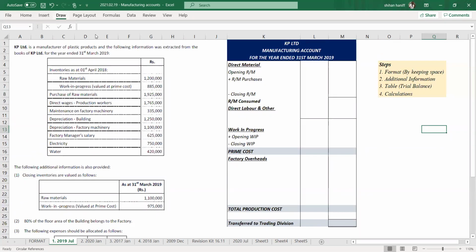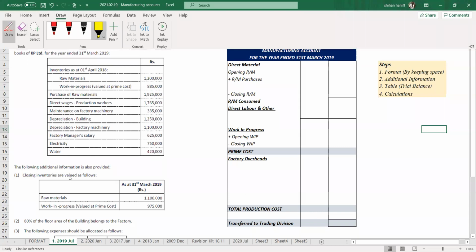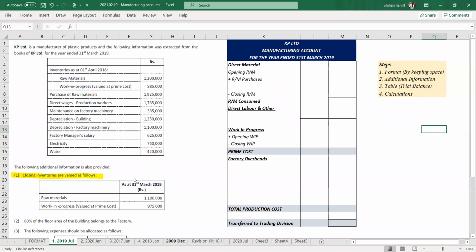So additional information number 1 is closing inventories.